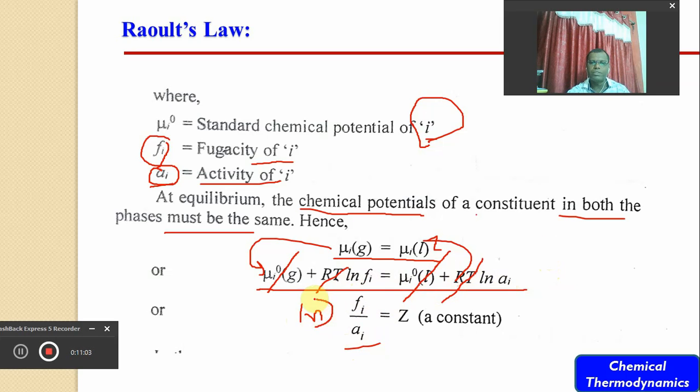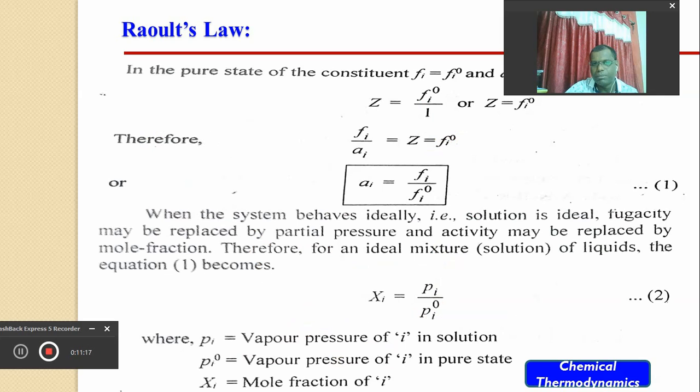After removing the ln by taking the antilog, the term will simply be a constant. That's why the ratio of fugacity of the ith component to the activity of the ith component is constant, indicated by Z.